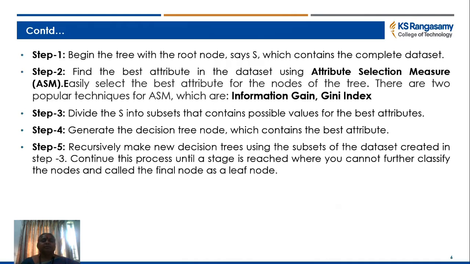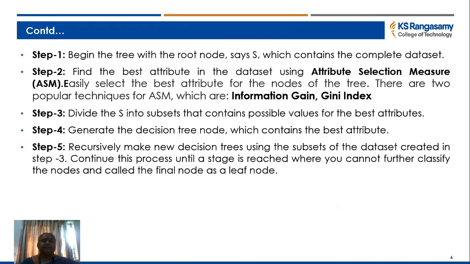There is a procedure. Step 1, begin the tree with a root node, says S, which contains the complete data set. Step 2, find the best attribute in the data set using the attribute selection method, ASM, to easily select the best attribute for the nodes of the tree. There are two popular techniques for ASM: one is information gain, another one is Gini index.